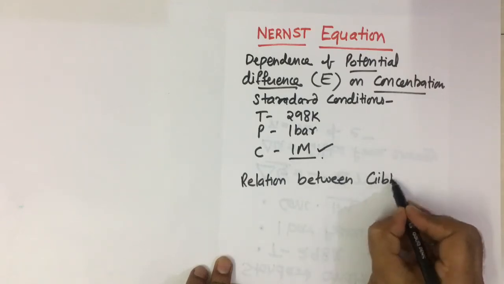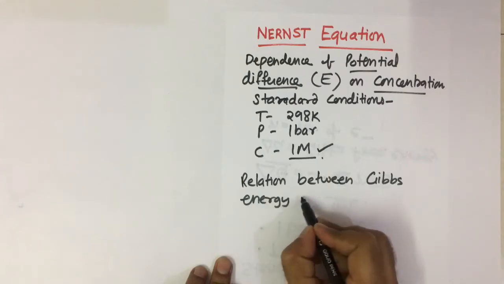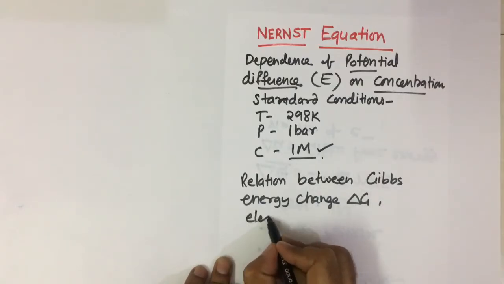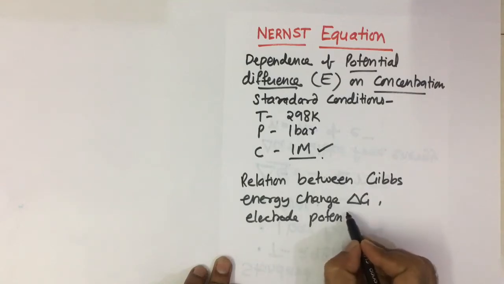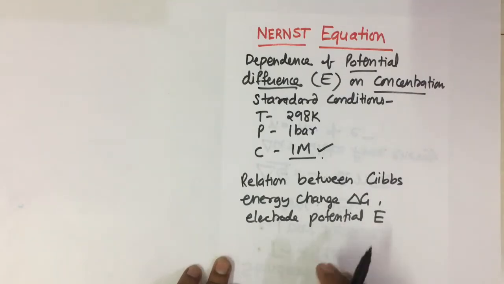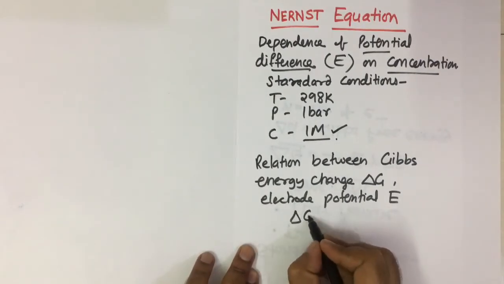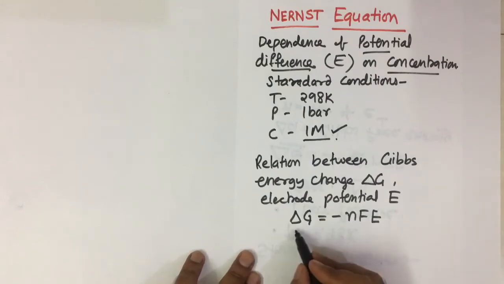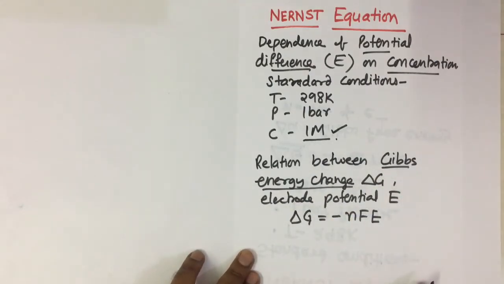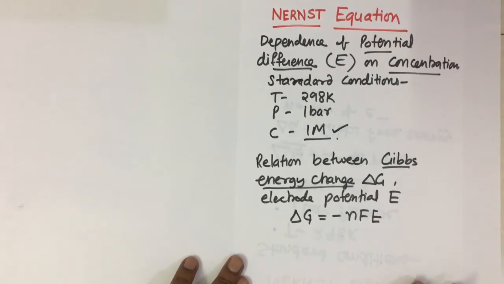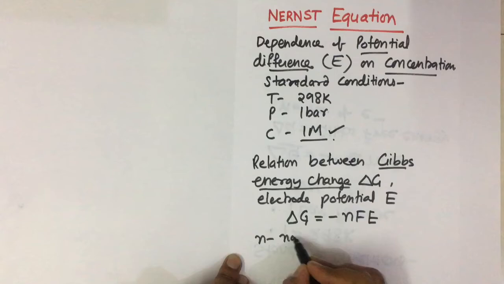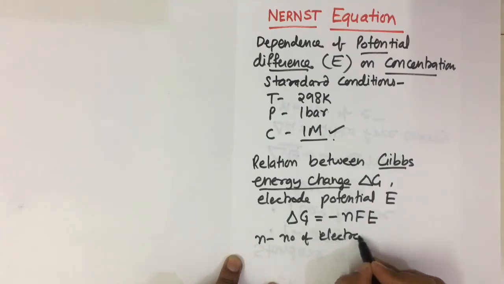The relation between Gibbs energy change, delta G, and electrode potential or cell potential, E, is delta G is equal to minus nFE. Here delta G is the Gibbs energy change, the energy available in the system that can be converted to useful work. n is the number of electrons involved in the balanced chemical redox reaction.